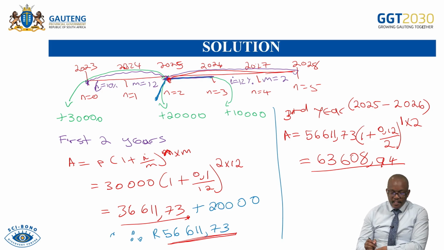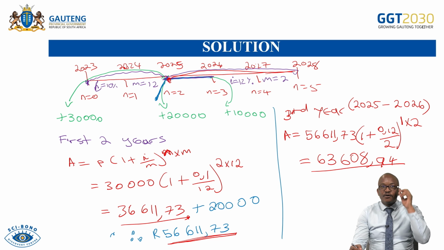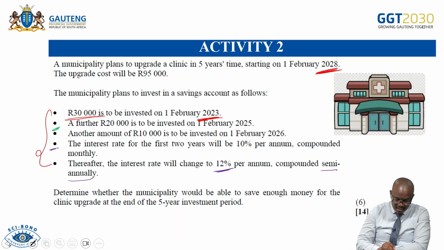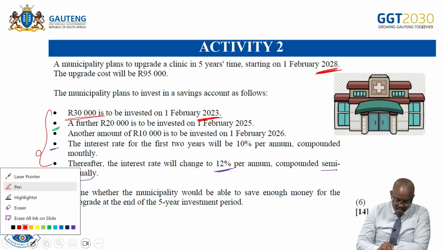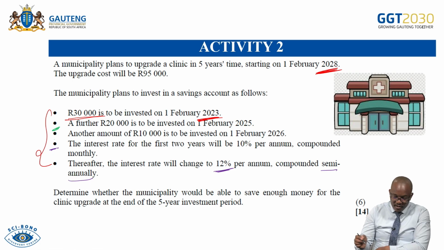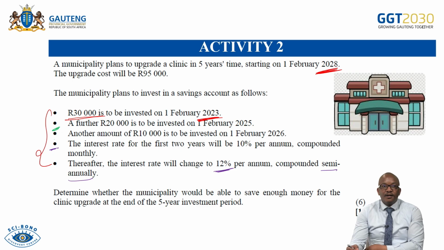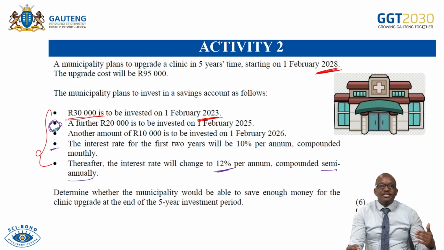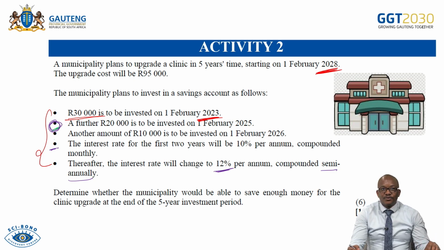Okay, so we have a question here. They're asking, why did we add 20,000? Let's go back to our scenario. Look at bullet number 2. Remember the first bullet says 30,000 is to be invested on 1 February 2023, correct?